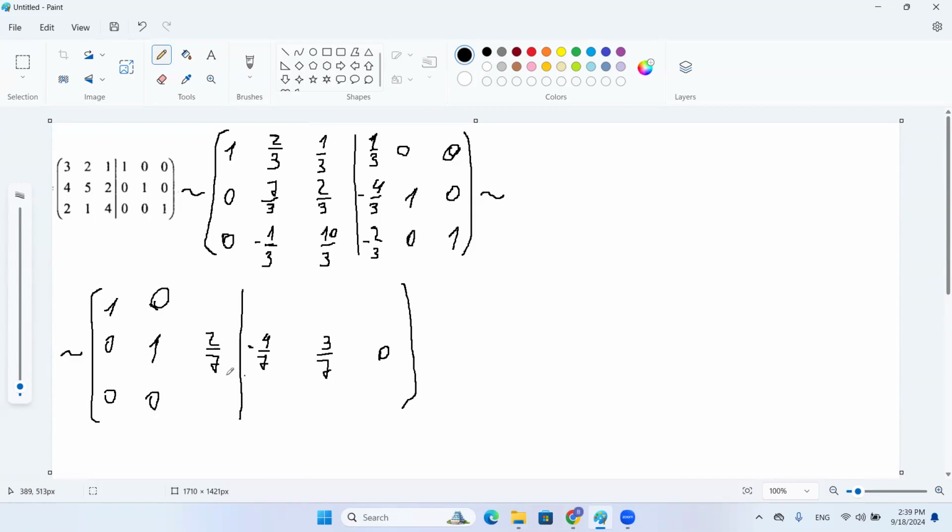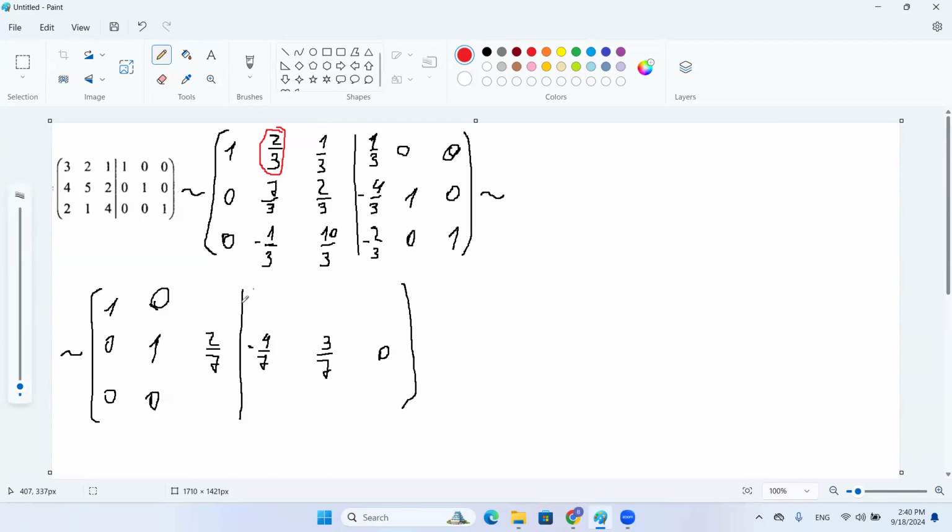These fractions, I know you don't like them, me too. So let's calculate it together. Here I need to multiply 1 by 2 thirds. Okay, let's do it accurately.